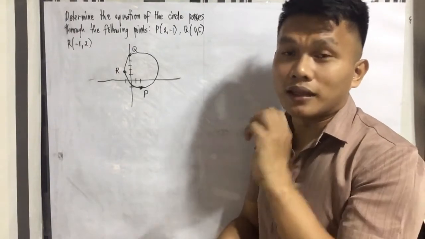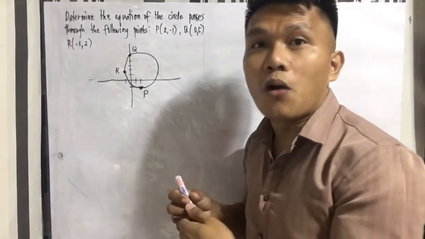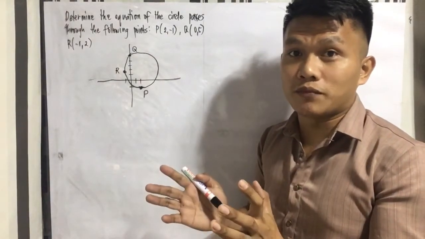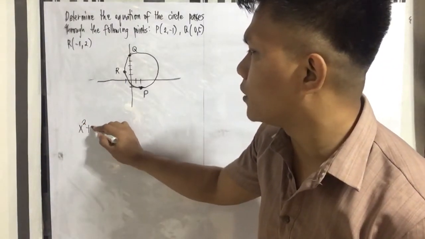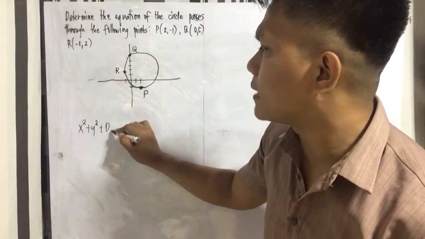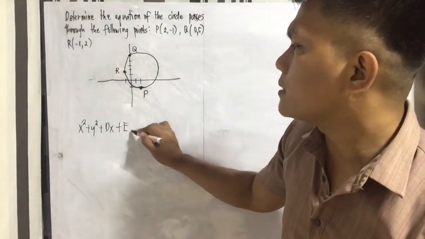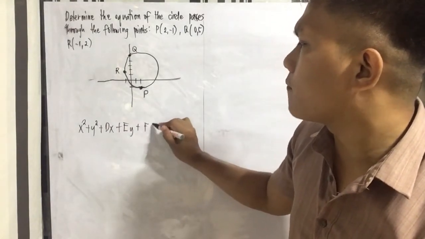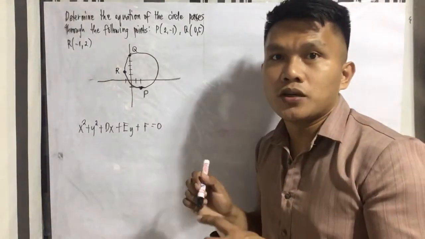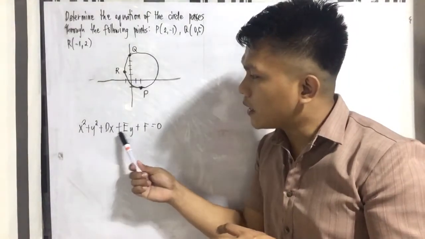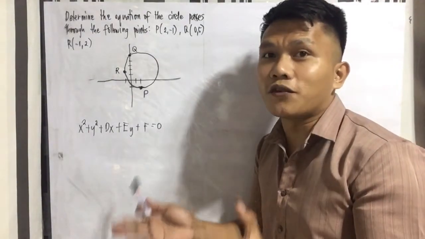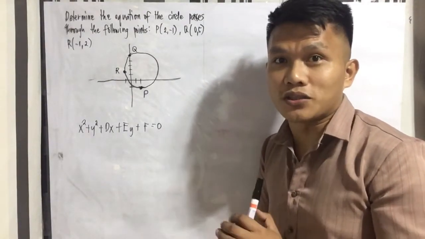First, know the general form of the equation of the circle: x squared plus y squared plus dx plus ey plus f equals 0. Our goal is to find the values of d, e, and f.